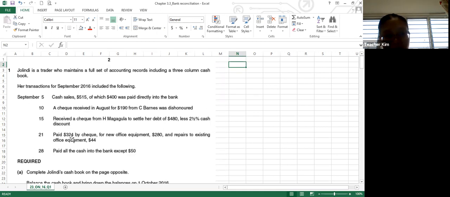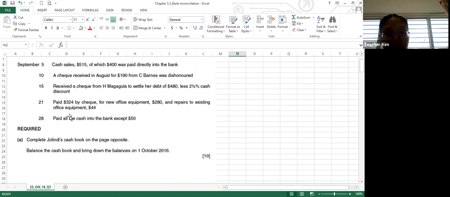Paid 324 by check for new office equipment, 280, and repair to existing. That means this amount goes to the same supplier, and these two amounts are for different purposes: one is an asset, one is an expense. Next, pay all the cash into the bank except 50. This means the balance carried down remains 50, and the rest is all transferred by contra to the bank account.